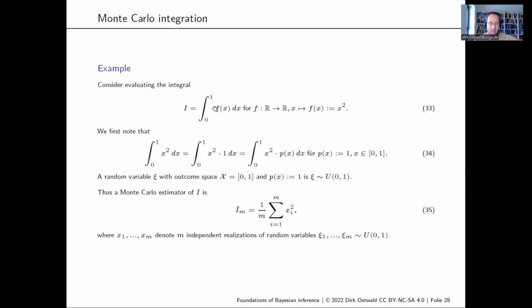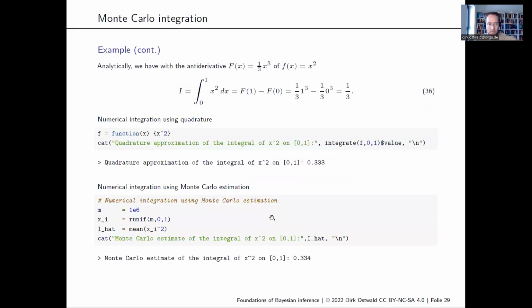So again, we start with an integration problem that we want to solve. We rewrite this integration problem as an expected value by defining an appropriate random variable, and then we sample this random variable and compute a sample mean. So that's what I'm doing here.